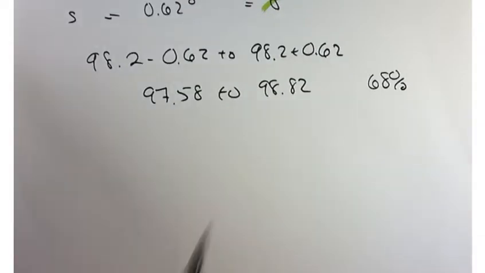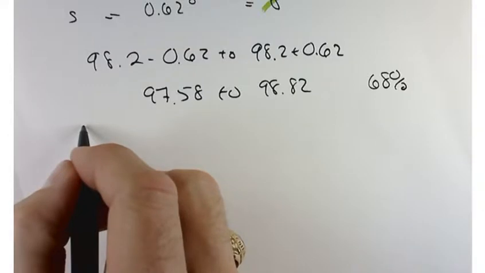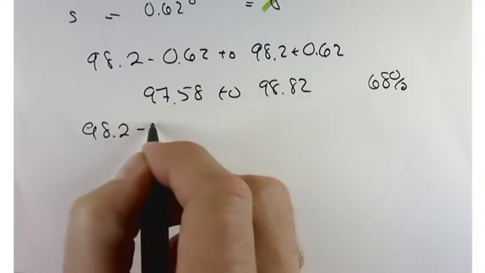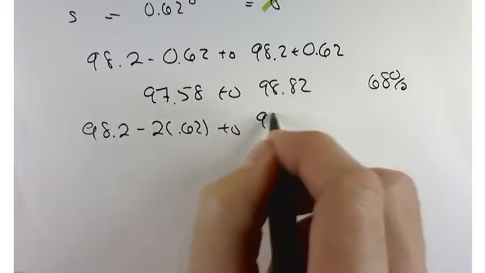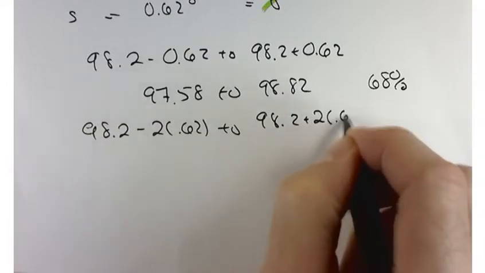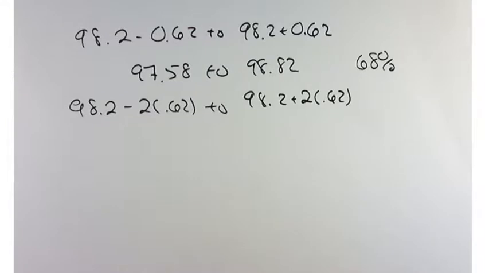Let's try a couple more on that one. What if we went 2 standard deviations away from the mean? So 98.2 minus 2 times 0.62 to 98.2 plus 2 times 0.62. In fact, I want you to do 2 and 3.